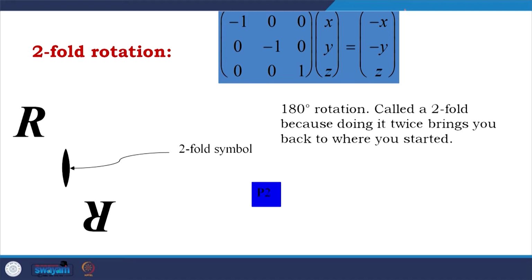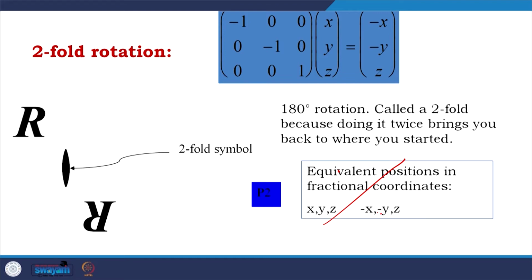So, twofold axis here to here, the difference when you see rotation with reflection is the change. So, it would be the point from where the rotation has operated. Equivalent positions in fractional coordinates, I will explain what fractional coordinates are: x, y, z and minus x, minus y, z. So, z would stay z, the other two would be changed.